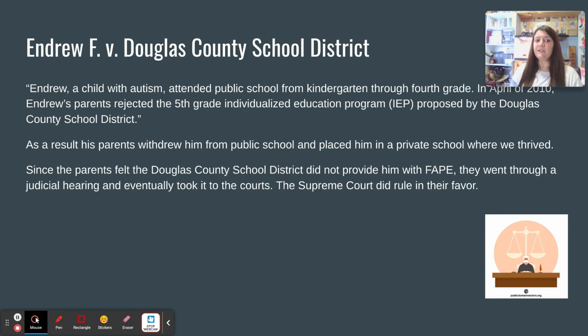So, as a result, his parents pulled him from the school district and placed him in a school that specialized in autism. They felt that the Douglas County School had not provided FAPE and were requesting reimbursement for the tuition to the specialized school.